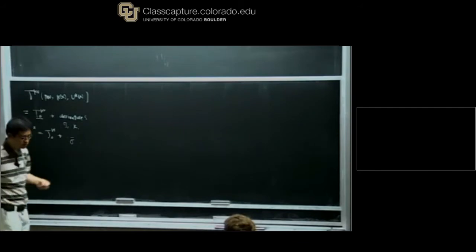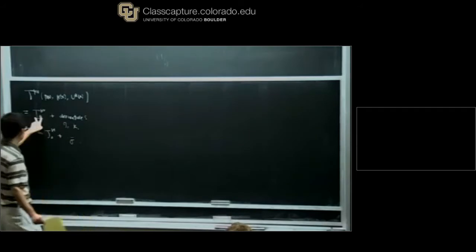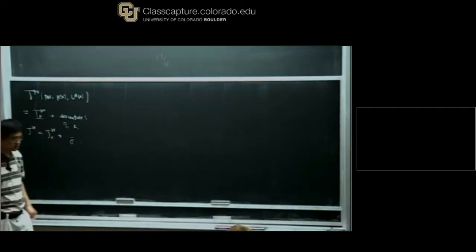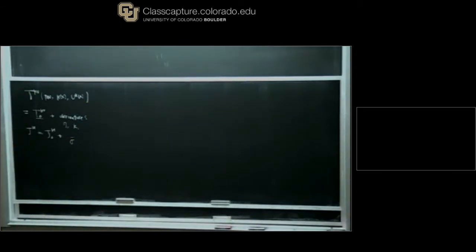You actually have to impose various constraints. For example, the quantities appearing here should satisfy the standard thermodynamic relation, and also there should be non-negative entropy production, and also there's an Onsager relation.